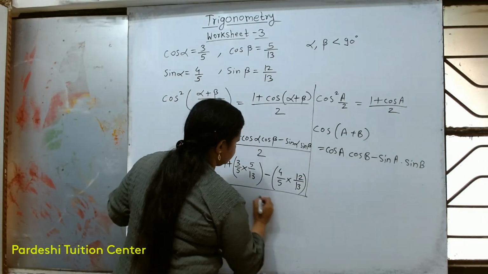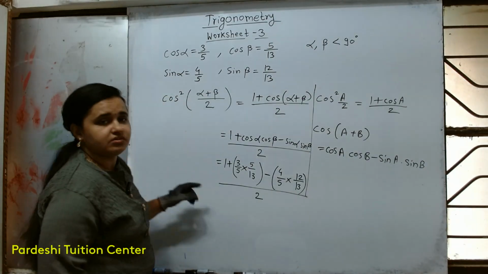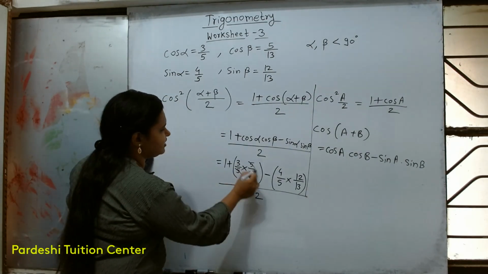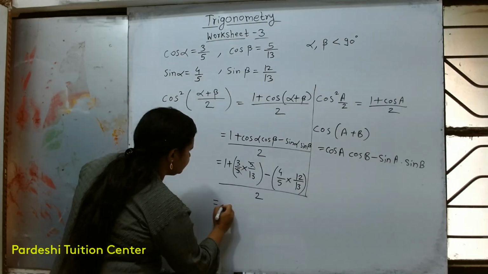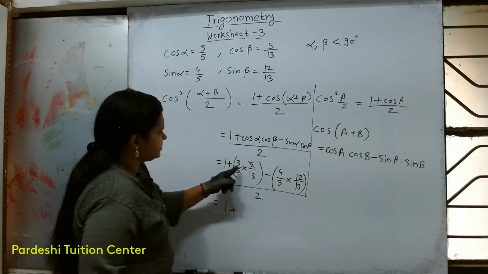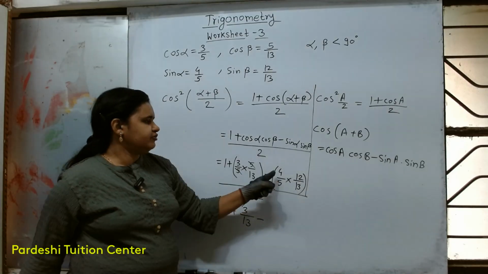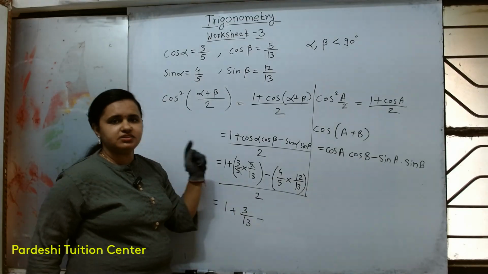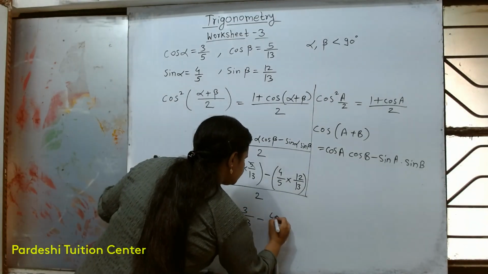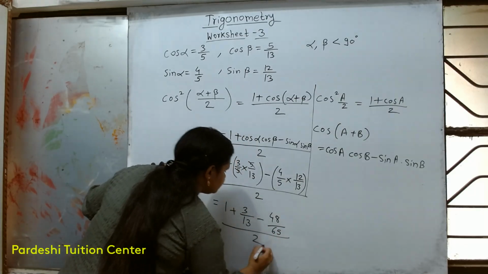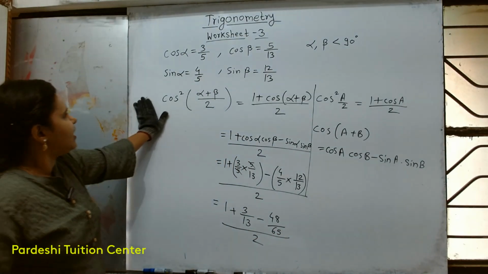All upon 2. Now 3 by 5 multiplied by 5 by 13, the 5 will get cancelled, so it will be 1 plus 3 by 13, minus 12 4s are 48 and 13 5s are 65, so it will be 48 upon 65, all upon 2.